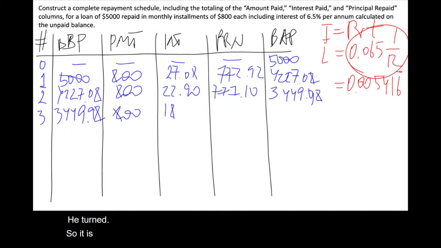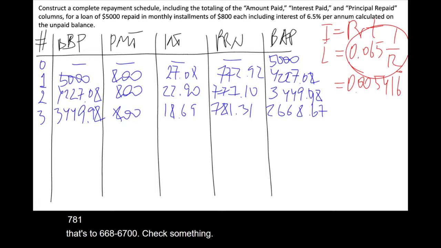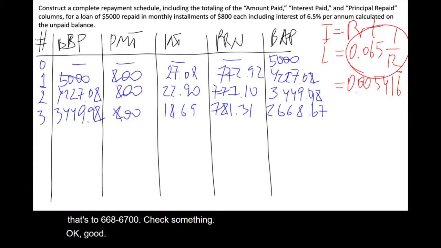So 18.69. Principal $781.31. That's 2668.67. Let me check something. Okay, good.